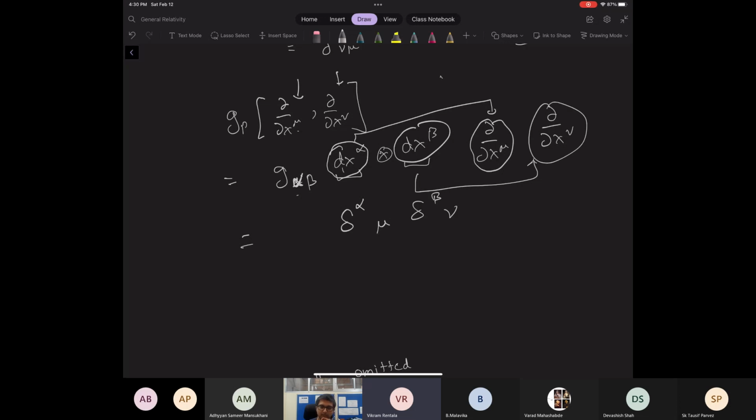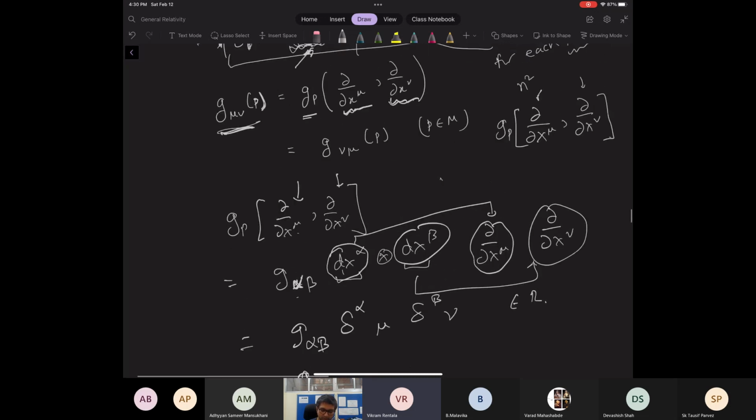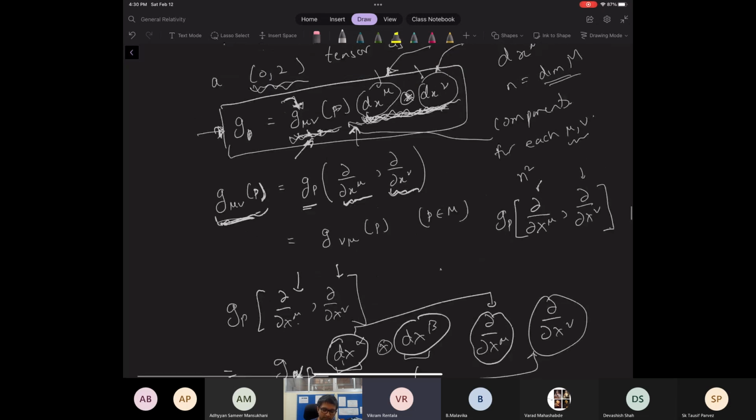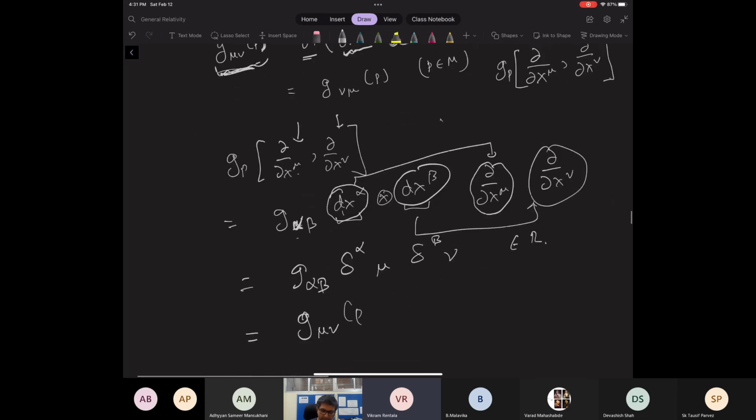So you just get numbers, a real number for every value of mu nu, times of course this g alpha beta, and there's a summation over alpha beta. So finally, at the end of this, if I sum over alpha beta, I'm just going to get g mu nu. So it's the mu nuth coefficient of g that I get, evaluated at the point P, which is a real number.